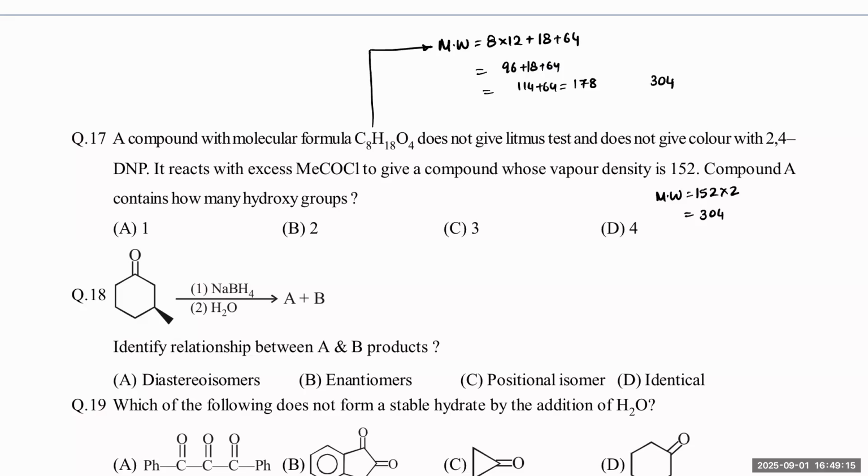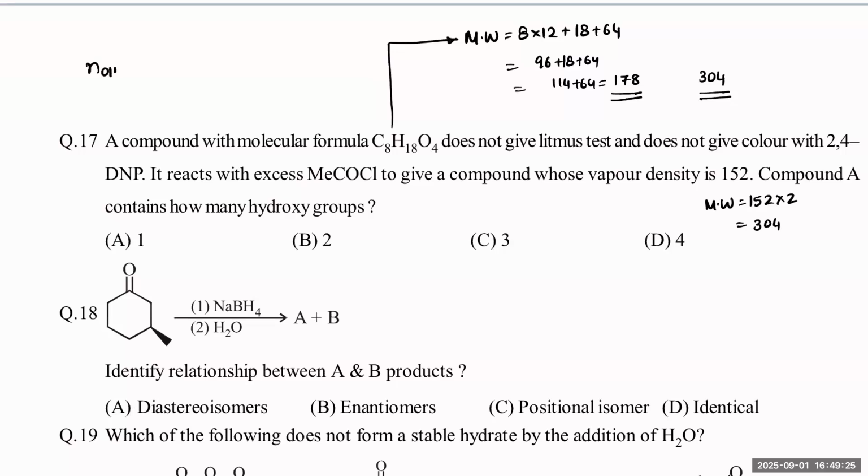So initially the molar mass is this much. After the reaction with excess of acetyl chloride, this is how much we have. Do you remember the formula for the number of hydroxyl groups? The number of OH groups will be equal to final molar mass minus initial molar mass, divided by 42. Because at every oxygen you will have an acetate, that is a CH3CO increment in molar mass.